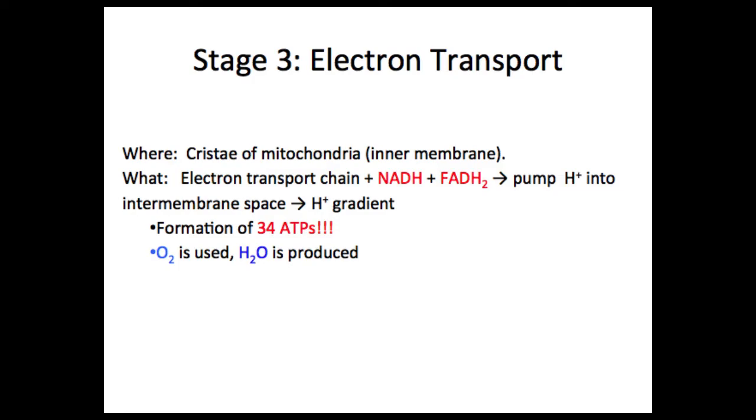We know that things move from high to low concentration. Those protons move through a special machine, thus building tons of ATP. Oxygen is used during this part of the reaction, and water is produced. Electron transport releases the energy that our cells need to make the most ATP.